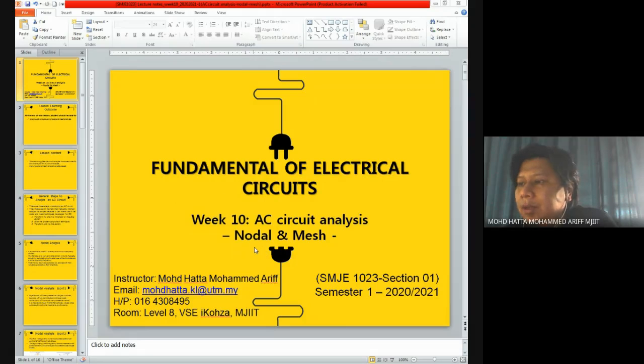I believe the strategy to analyze a circuit using nodal or mesh, we have discussed in DC circuits before the semester break, and we will apply that knowledge here to solve AC circuits.